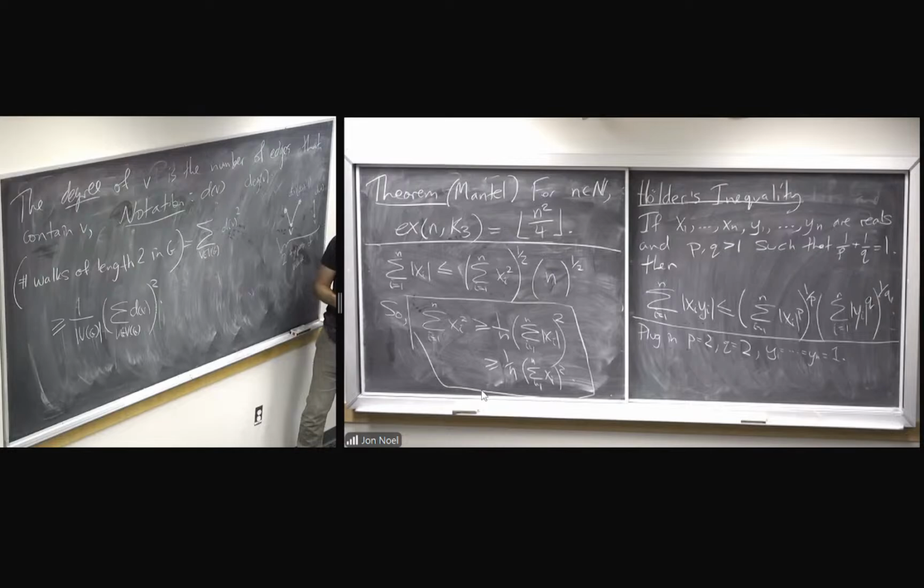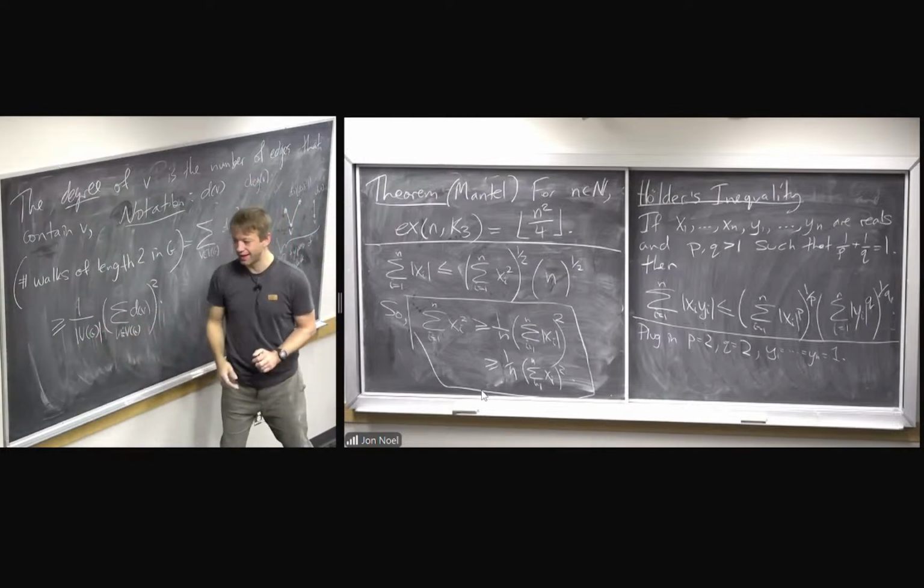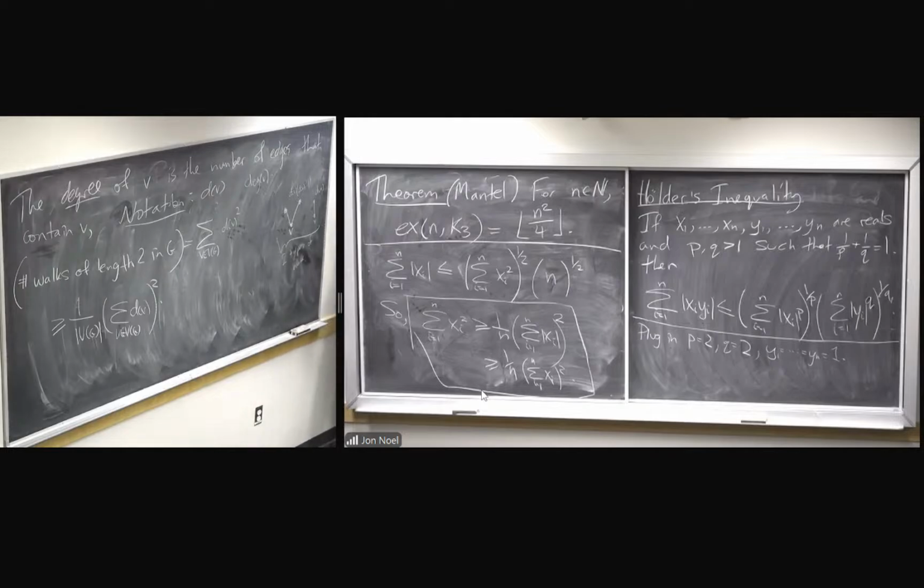Is that clear? So you can think of your vertices labeled 1 up to n, where n is the number of vertices, and then this is the same kind of bound. Does anyone remember anything about the sum of the degrees in a graph? Something you might have learned in 222 or a graph theory course or something?